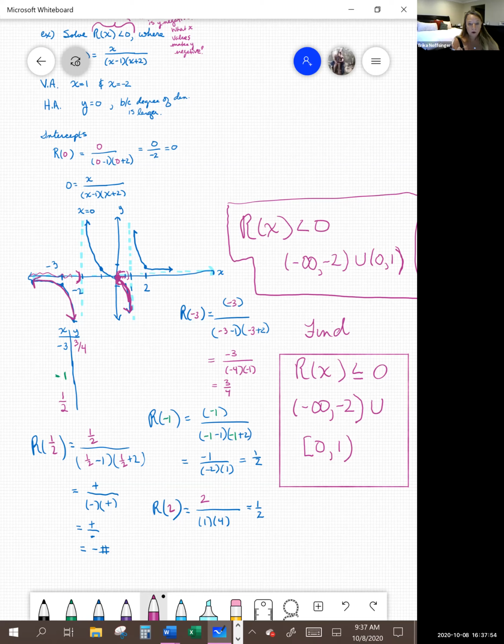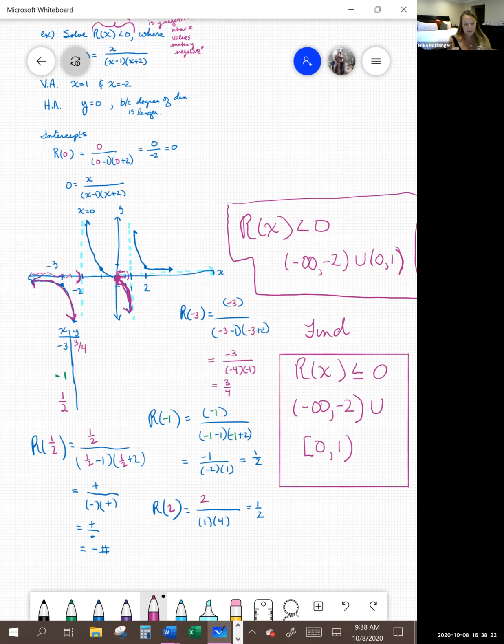There were important points that we looked at when we were looking at this graph. We were looking at intercepts, because that's where it could change from above or below the x-axis for our x-intercepts. And the other place where it could change above or below the x-axis were at our vertical asymptotes, because it couldn't cross that vertical asymptote, so that graph can jump above when it was already falling below.